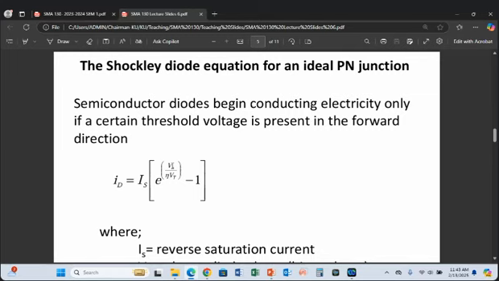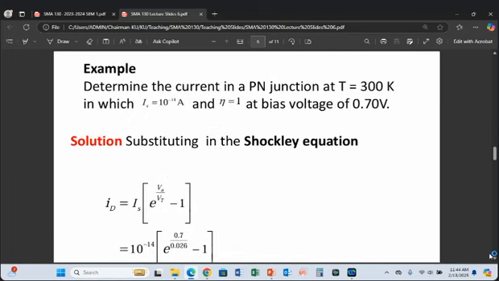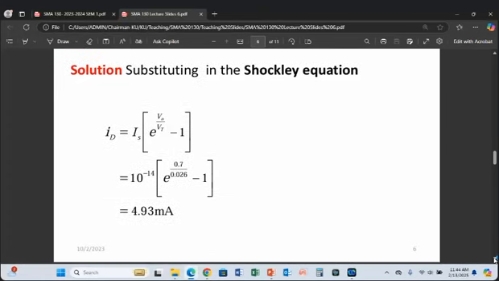So when we substitute in the Shockley equation, we are given VA, that is the biasing voltage, as 0.7, and eta is 1. The thermal voltage we obtained in another example is 26 times 10 raised to power negative 3.